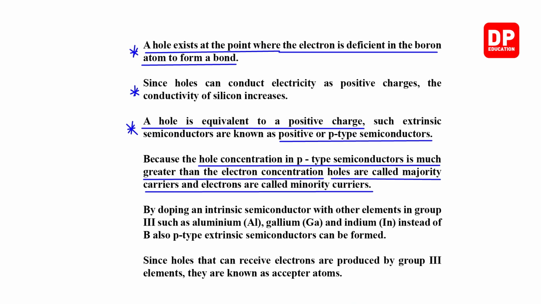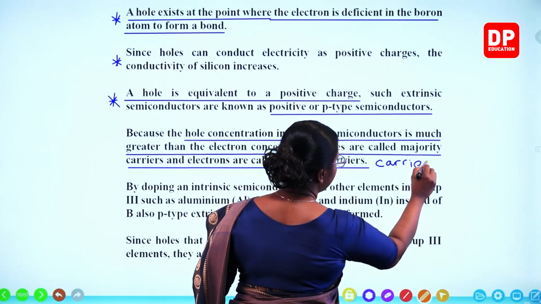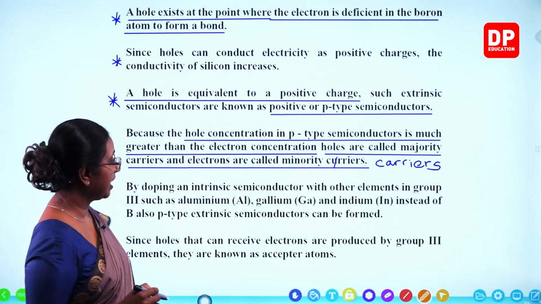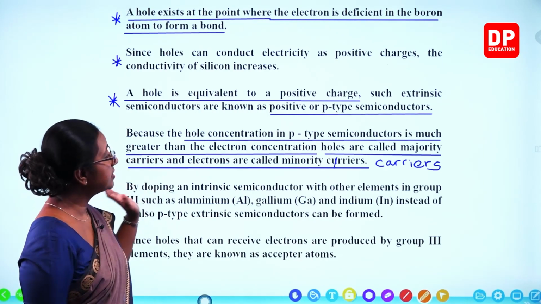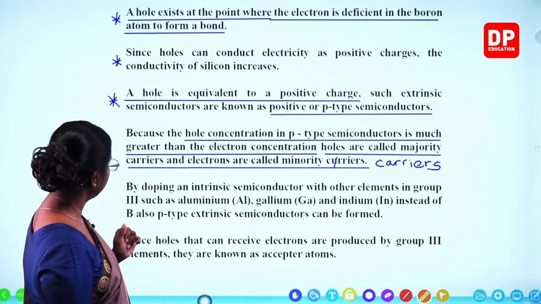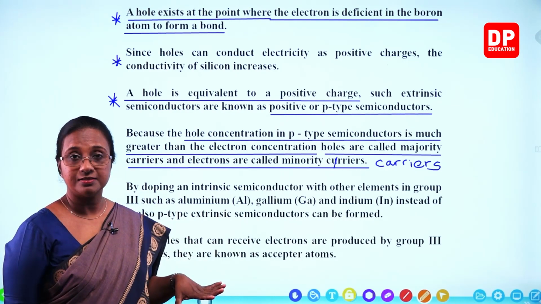Now here, students, there is a printing mistake in the book. This should be carriers, C-A-R-R-I-E-R-S, carriers. So the hole concentration is more. Because of that, holes are called the majority carriers and electrons are called minority carriers.